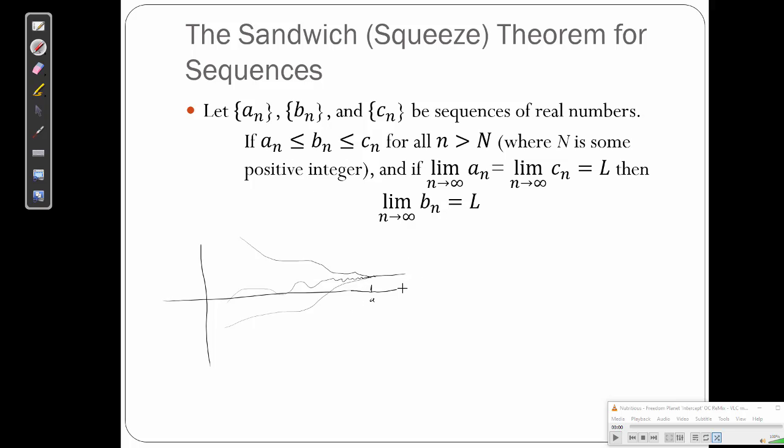And I don't think I'm going to present the proof for this because it is identical to the proof we did in Chapter 1. You have to take account of having large n instead of talking about delta, but it's very similar. It really just takes advantage of a limit law.